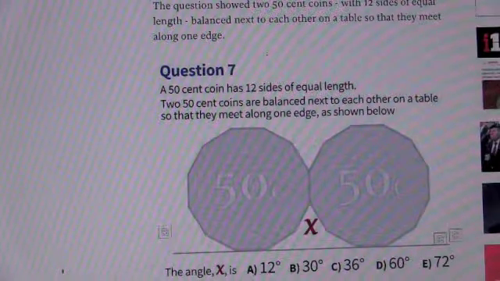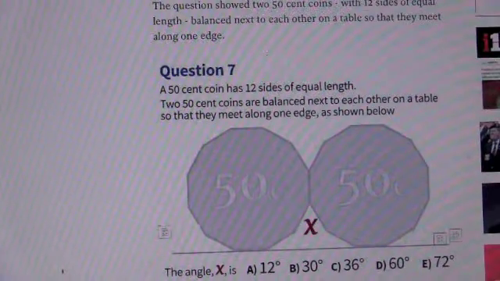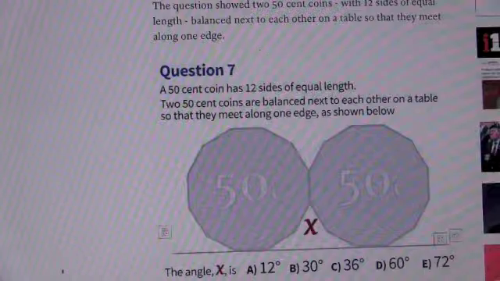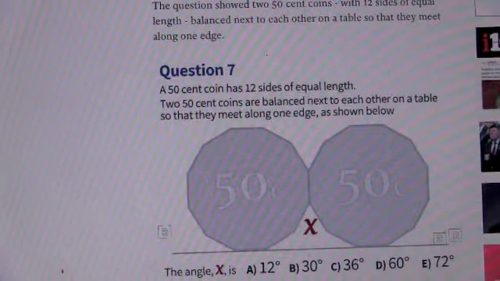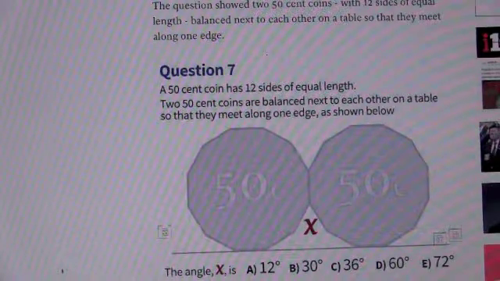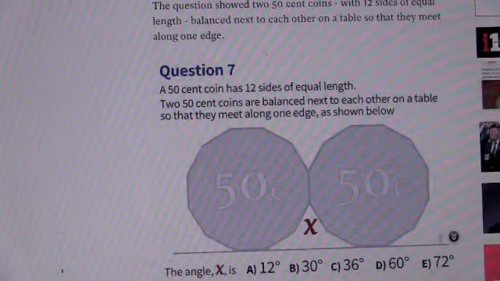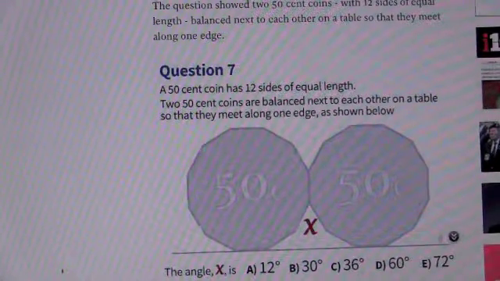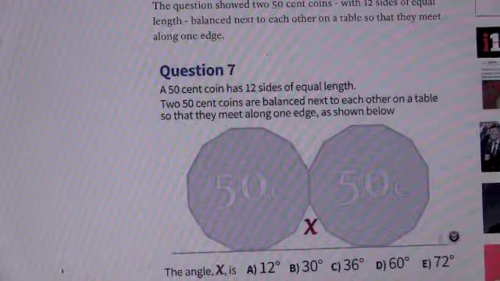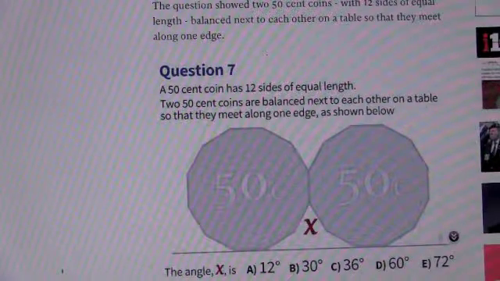So the internal angles of a regular 12-gon. I think that's called a dodecagon. What would they be? We just found it: 180 times 10 over 12. How can we evaluate that? Don't multiply.